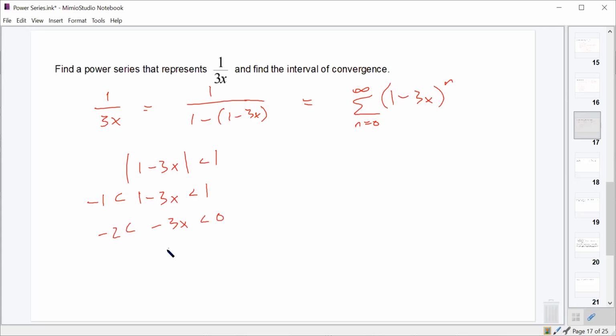And what do we end up with here? We end up with x is greater than 0, but less than 2/3. So if I were to graph 1 over 3x and the summation 1 minus 3x to the n from 0 to infinity, they should look exactly like each other on the interval from 0 to 2/3.